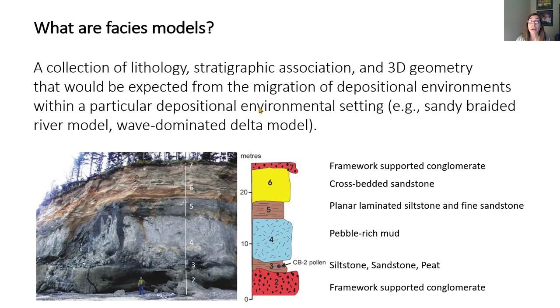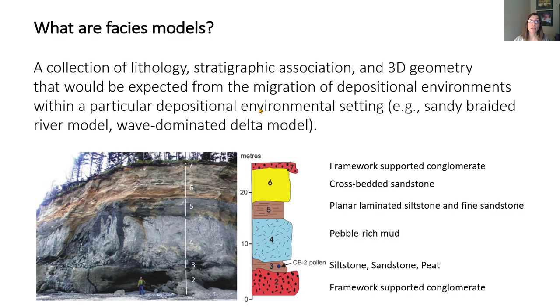So how are these rock units continuous along the outcrop or across broad spaces like entire states or parts of the continent? We can use the lithology, the stratigraphic association, and the 3D geometry that would be expected from the migration of depositional environments within a particular depositional setting.